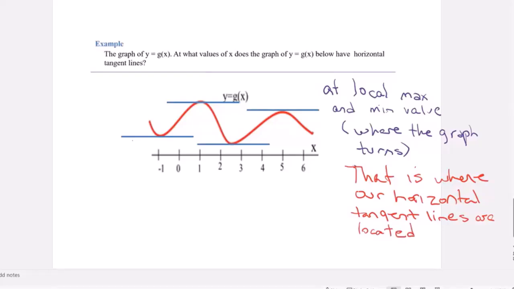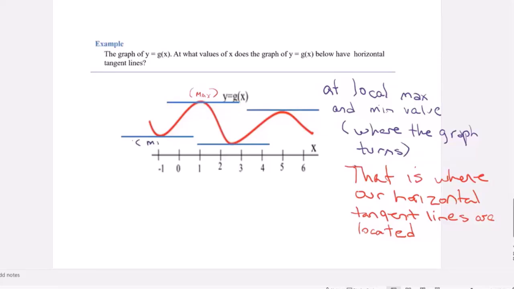There may be other places, but for now, I think that's sufficient. This is a maximum value, but only in a certain interval. So it depends on the interval as far as where your horizontal lines are.